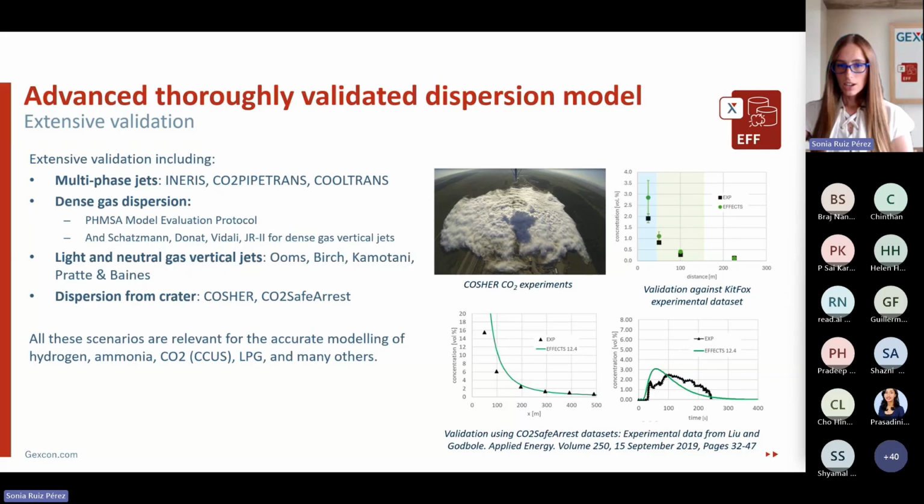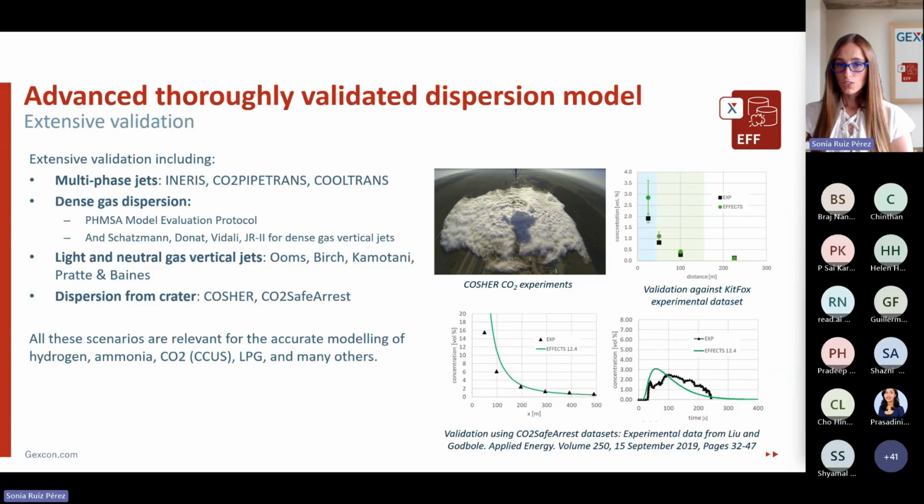The dispersion model has undergone extensive validation to ensure accuracy across a wide range of release scenarios. Multi-phase jets, for example, have been validated using datasets from INERIS, CO2PIPETRANS, and COOLTRANS for CO2 in various states. Dense gas dispersion has also been widely validated with the MEMS model evaluation protocol and datasets from Jack Rabbit 2 for vertical jet releases. Lighter than air and neutral gas jets have also been validated for vertical releases of gases like hydrogen.